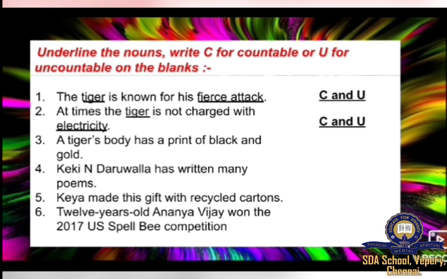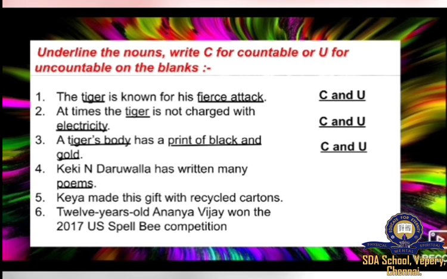Third, a tiger's body has print of black and gold. Yes, the first one is tiger's body and the second one is print of black and gold. So the tiger's body, that is a tiger, can be countable and the prints are uncountable.